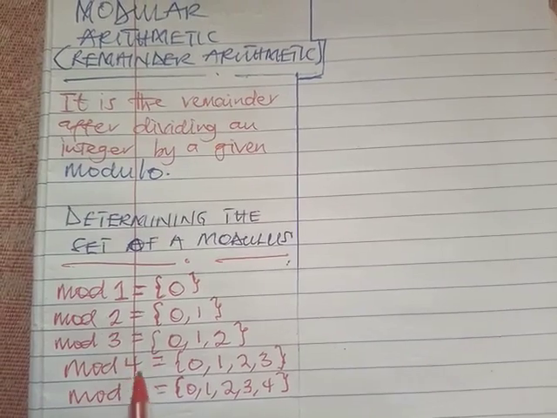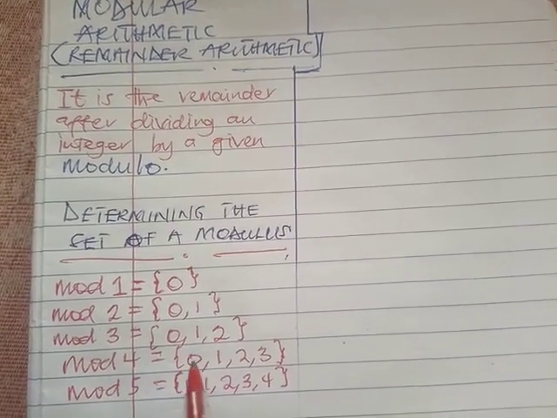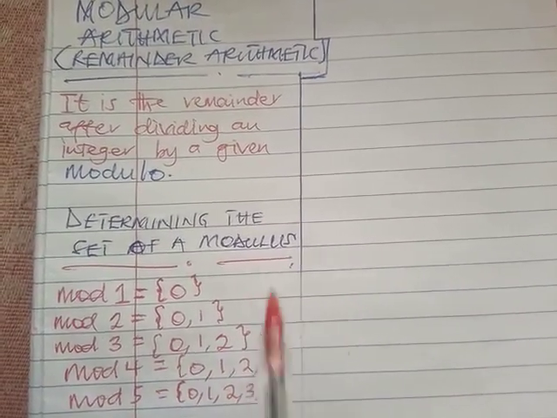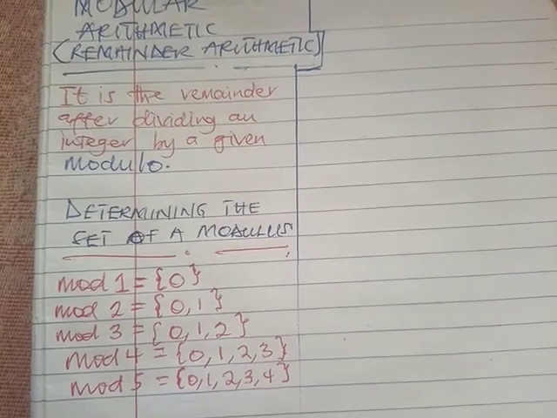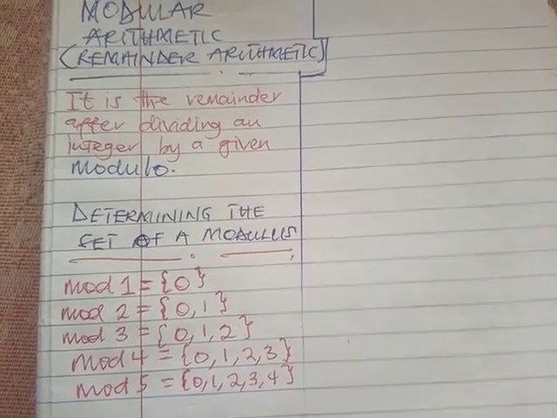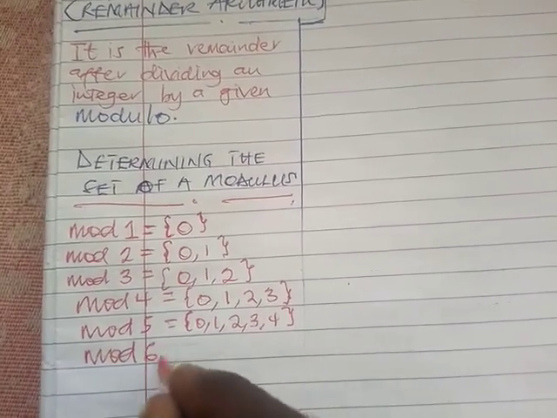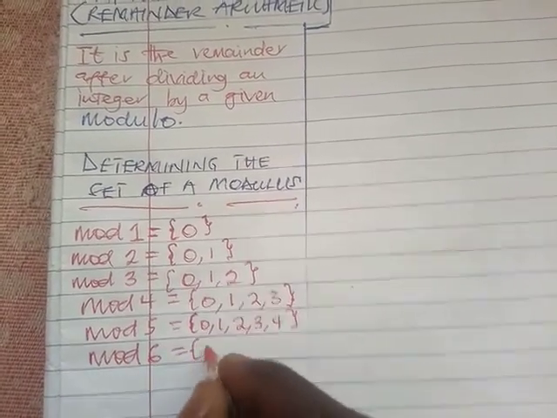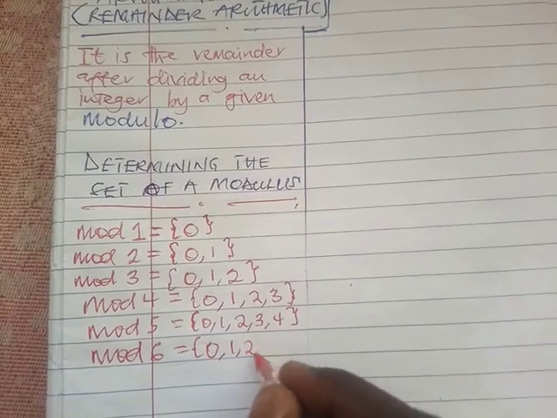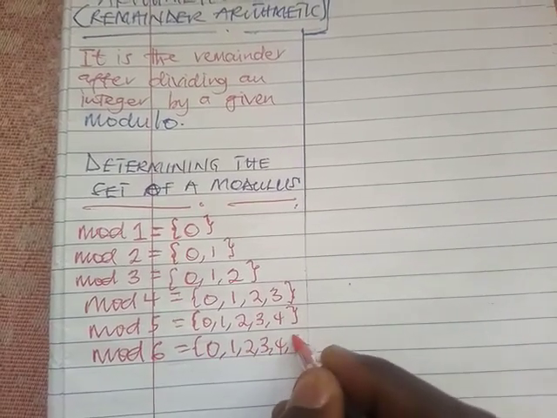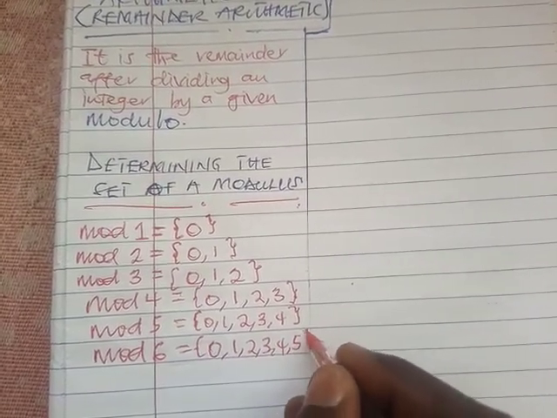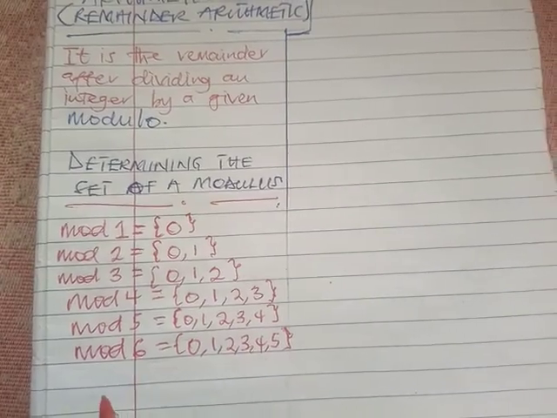So if you are working in mod 4, your answer is either going to be 0, 1, 2, or 3. If you are working in mod 5, your answer is going to be either 0, 1, 2, 3, or 4. Let's add mod 6 to it. So we start from 0, 1, 2, 3, 4, and we end at 5, except the value itself.